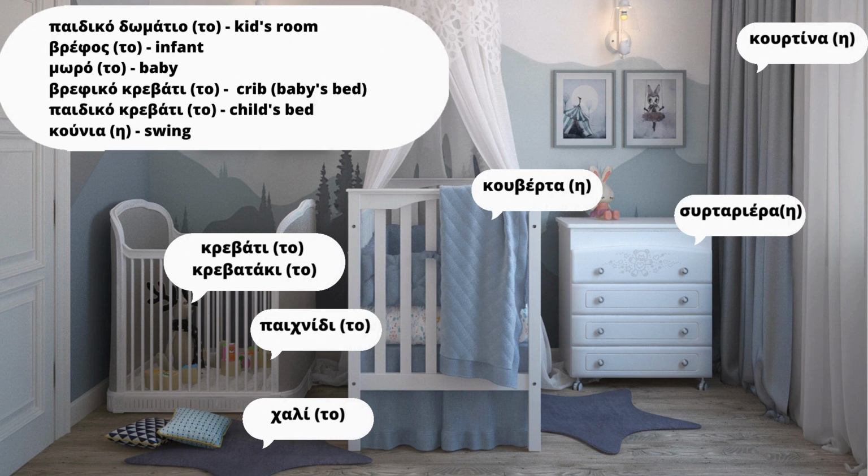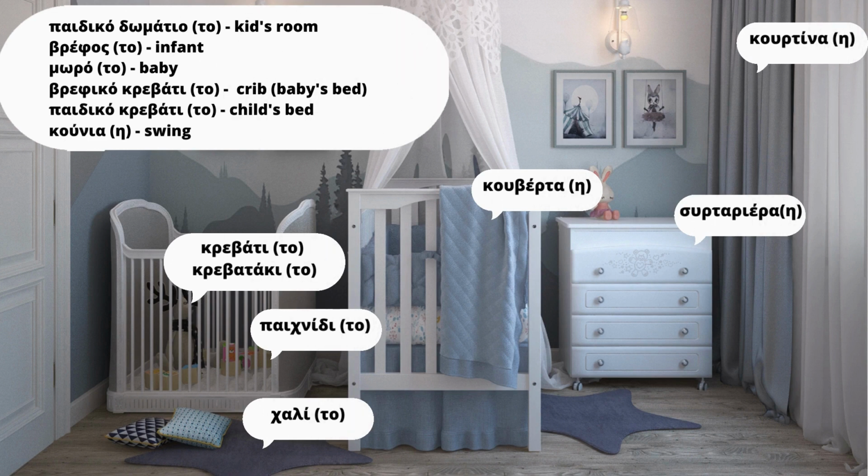Again, we have a window, and on the window we have a curtain, which is called η κουρτίνα. Η κουρτίνα. And we have a piece of furniture at the corner. You can use again the word το ντουλάπι for any kind of cabinet. But in this case, because we have many drawers, we can use the word η συρταριέρα.